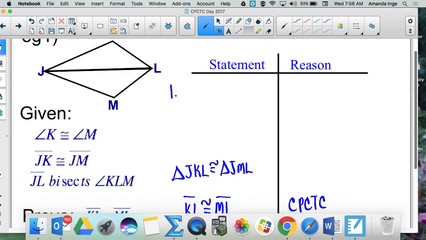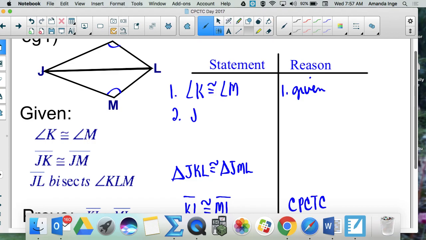So let's start with our given information. We have angle K is congruent to angle M. That is given. We'll mark that.